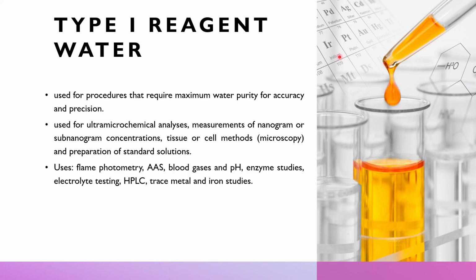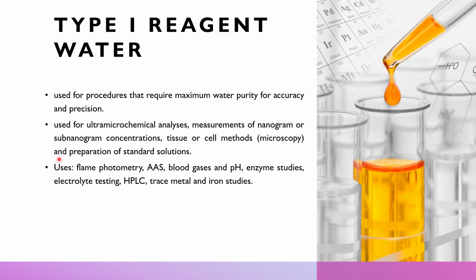These are the different definitions for type 1 reagent water. This is used for procedures that require maximum water purity for accuracy and precision. It's also used for ultra-microchemical analysis, measurements of nanogram or subnanogram concentrations, for microscopy, and preparation of standard solutions.